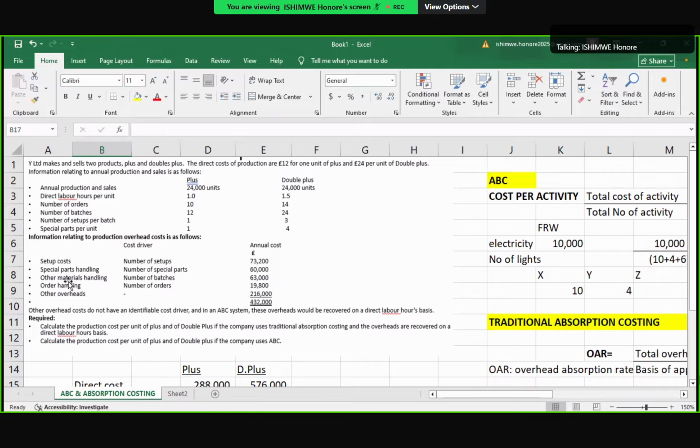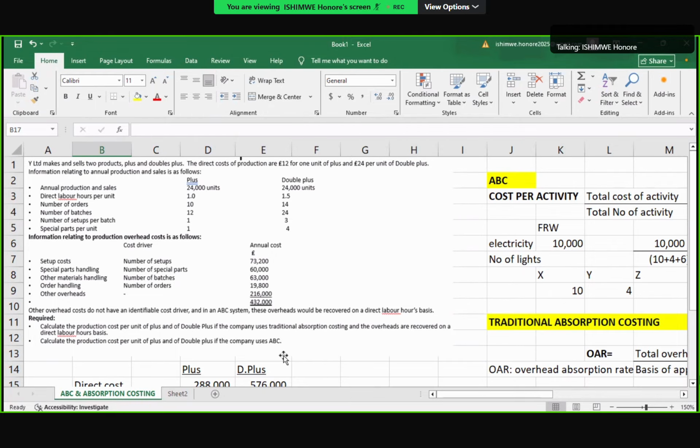These are our activities. Now, that is where we are going to apply the system we have learned, the ABC system or overhead absorption costing. Absorption costing. Okay, I know some students have already noted this. We use this ABC, we use this absorption costing to account for overhead.